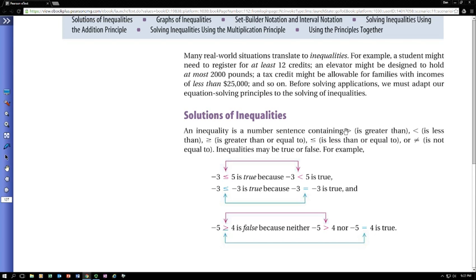But first they tell us about solutions, and they talk about the greater than symbol. This symbol comes from the number line, and when you have a number line, this is pointing to the right. So this is a nice way to look at inequality symbols. If I said 2 is greater than 1, what it really means is 2 is right of 1 on a number line.